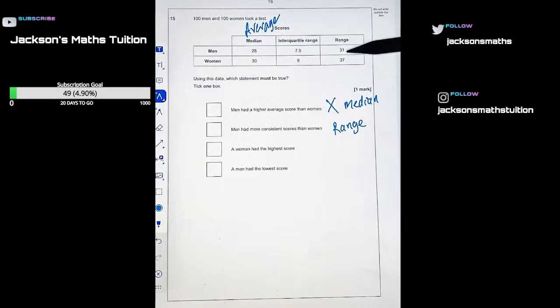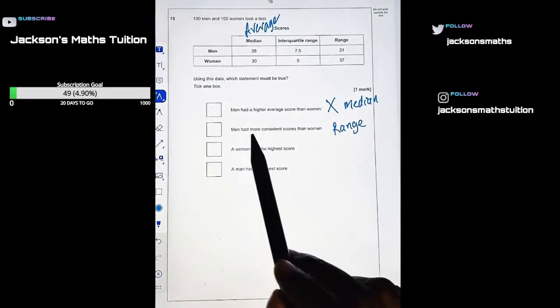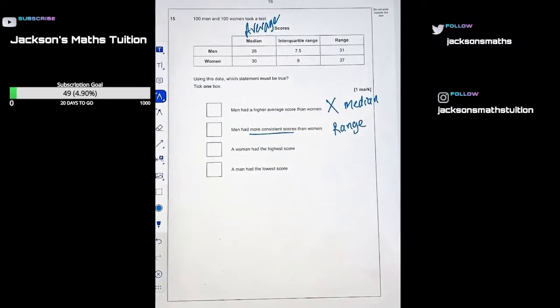Now, looking at the range here, we can see that the women, their range is wider. So it means that their test scores are more spread out than the men. Okay, which means that the men had a more consistent test score. So if the range is small, then it means that the men had the more consistent test scores.